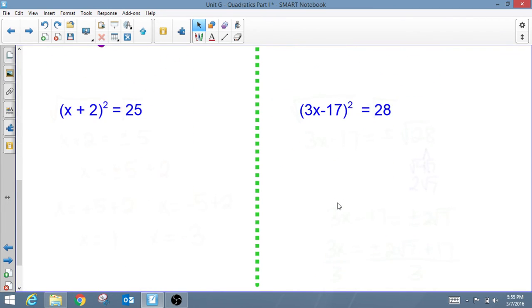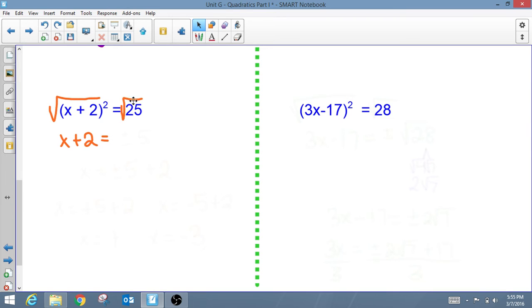Now let's look at the last two. We have x plus 2 squared equals 25. Our first step here is to square root. Once we square root, what will we have on the left side? We'll have x plus 2 because the square root and the squared will cancel out and we take what's in the middle.